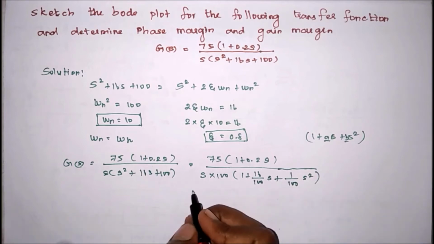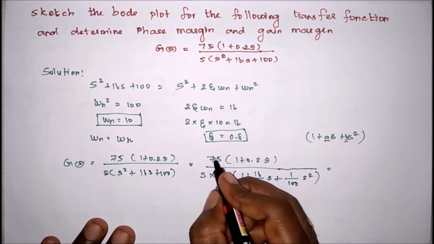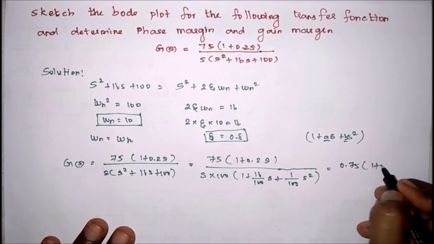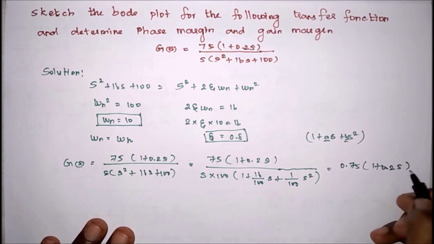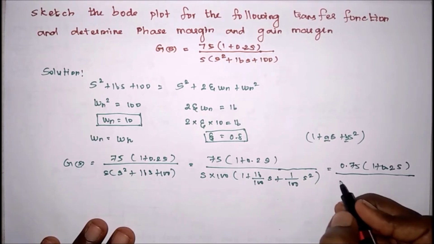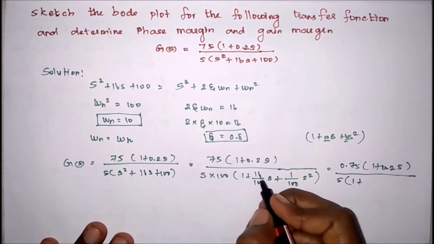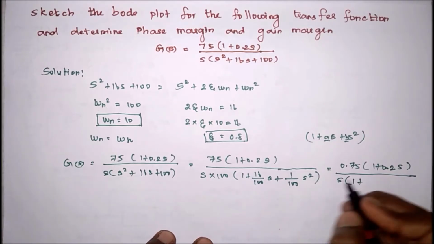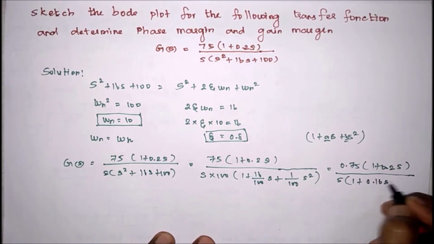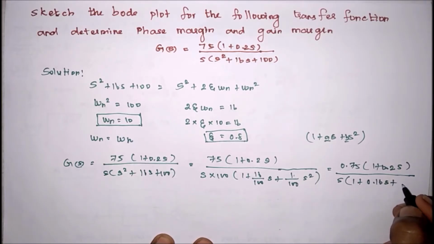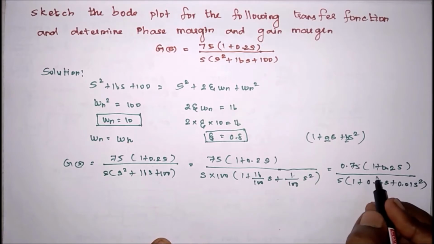This is Bode form. So now 75/100, which is 0.75, into (1 + 0.2s) divided by s into (1 + 0.16s + 0.01s^2). Now this is Bode form.